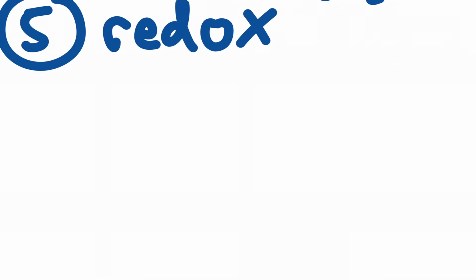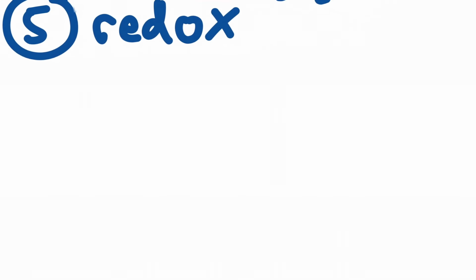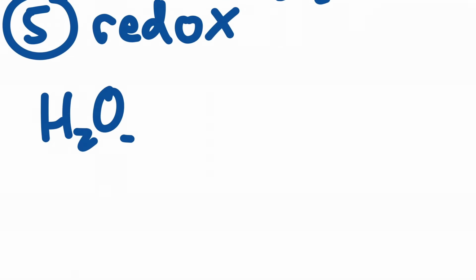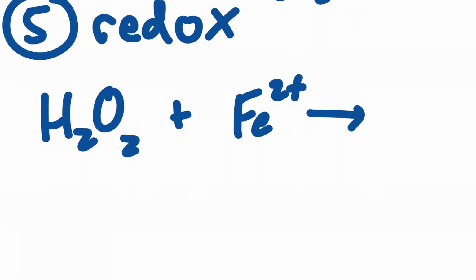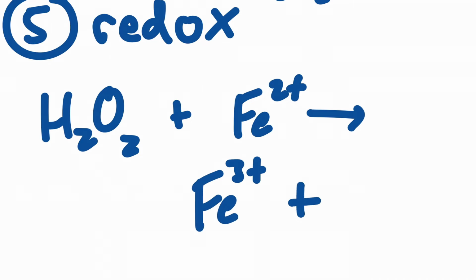Lastly, we looked at redox reactions. Redox reactions are just the ones that have changes in oxidation state. So maybe I see the reaction of peroxide and iron 2, and I turn that into iron 3 and water.